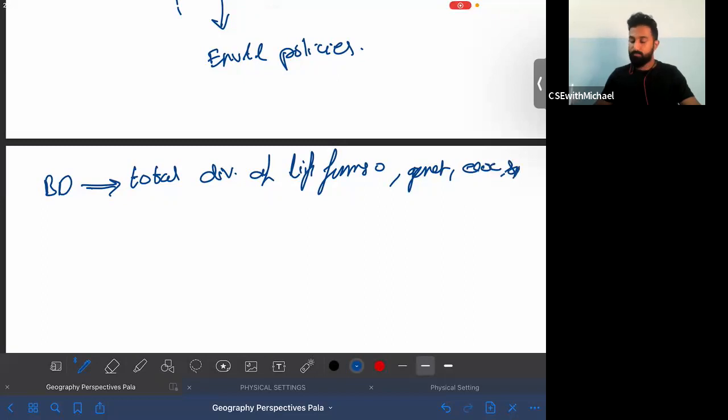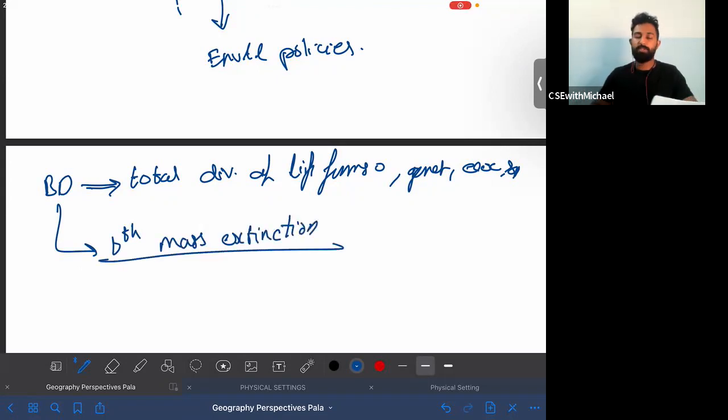Now biodiversity can be measured in different manners: alpha, beta, gamma. We are mostly familiar with this. Now one thing that is most important is how we are into the sixth mass extinction. There is the phenomenon of extinction, speciation, extinction, and we have also seen what mass extinction is.